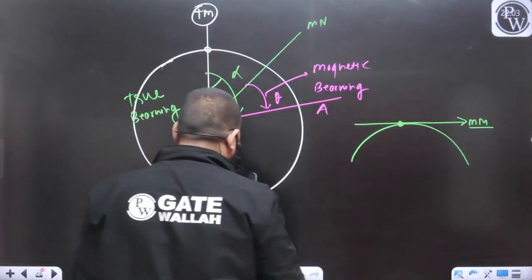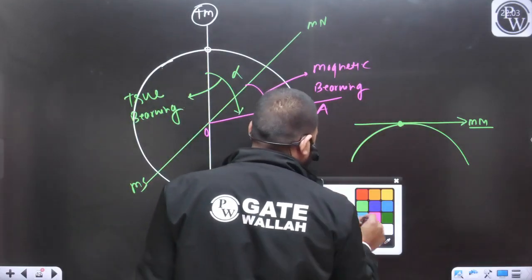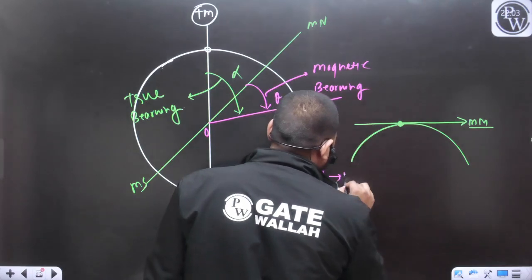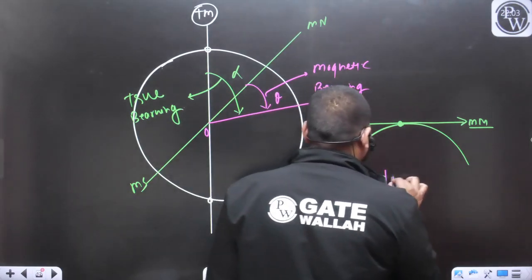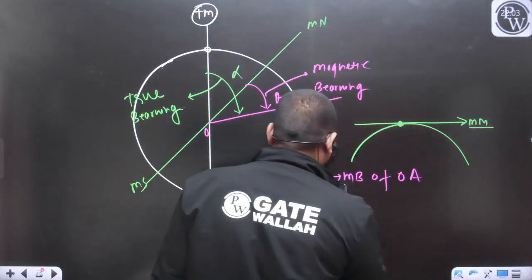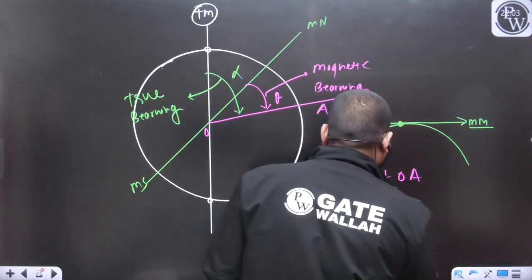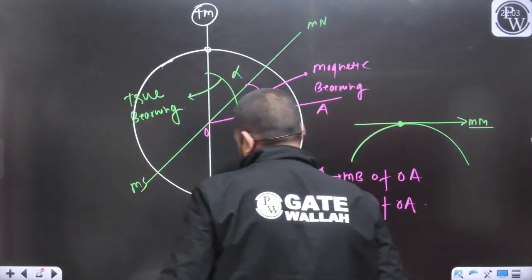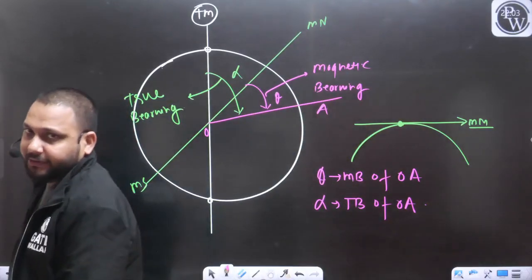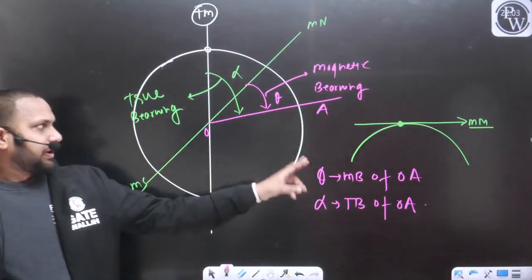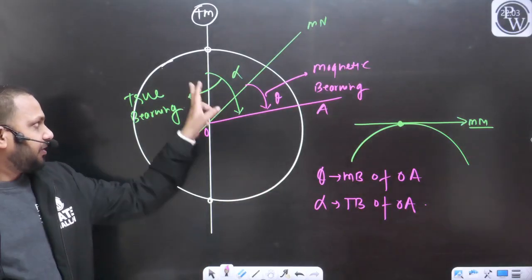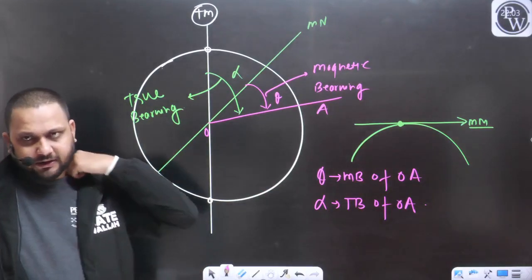So theta is going to be the magnetic bearing of line OA, and alpha will be the true bearing of line OA.